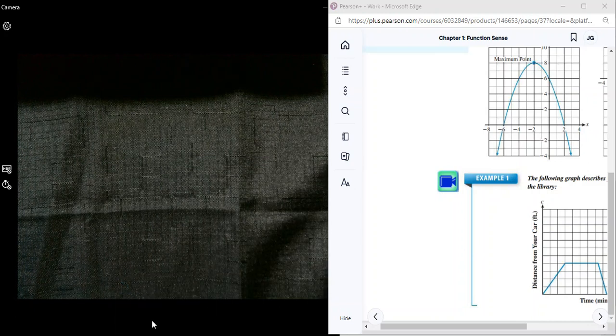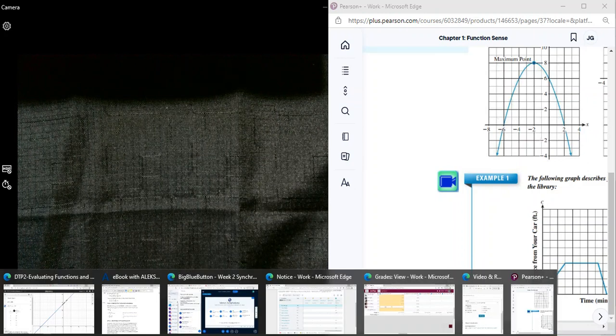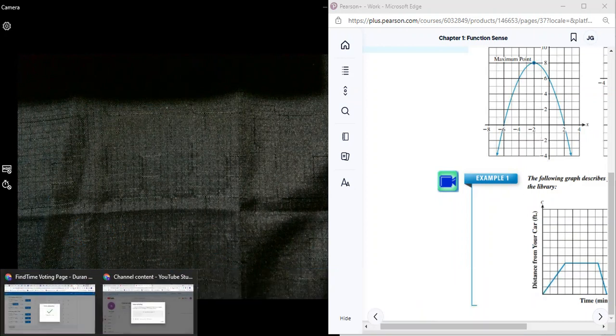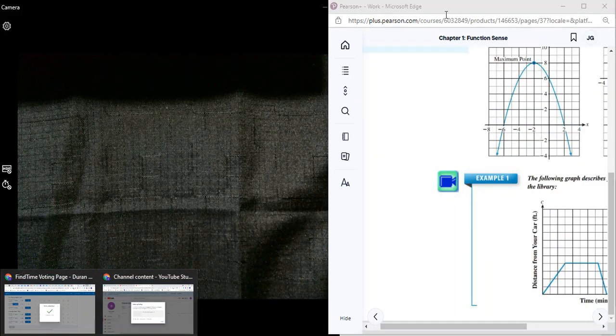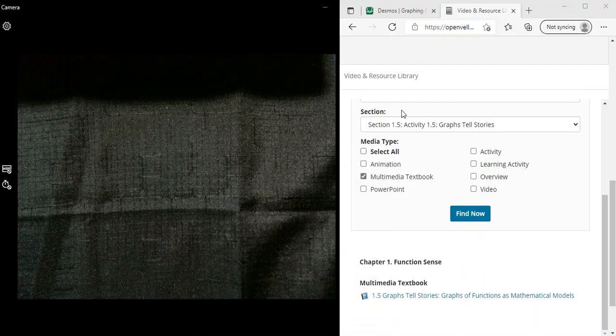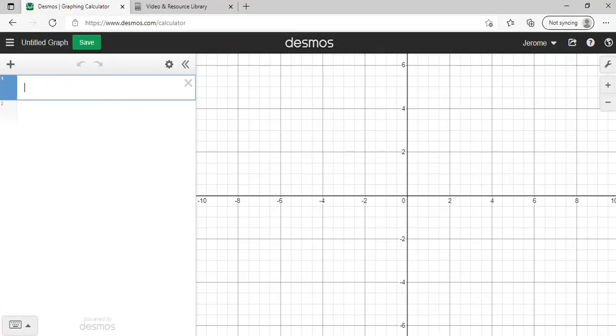So let me pull up Desmos, and then I can discuss that with you all. Let me see where it is. Here we go. All right, let me share the screen here.